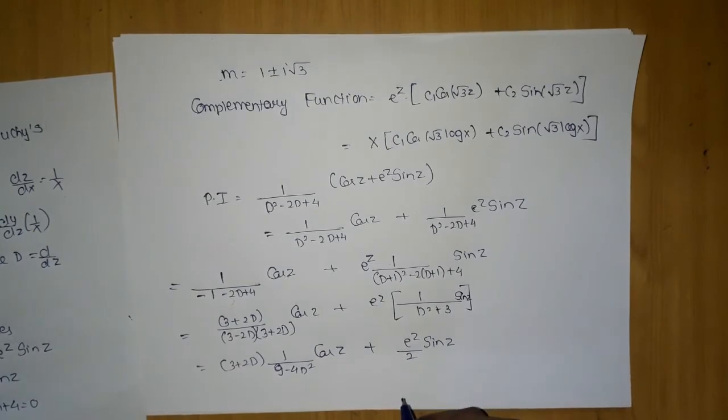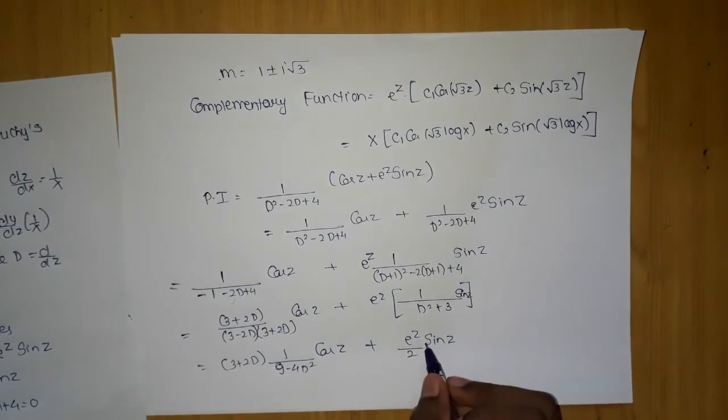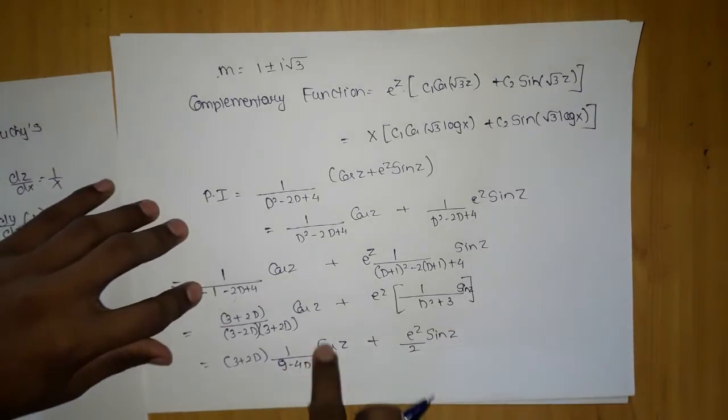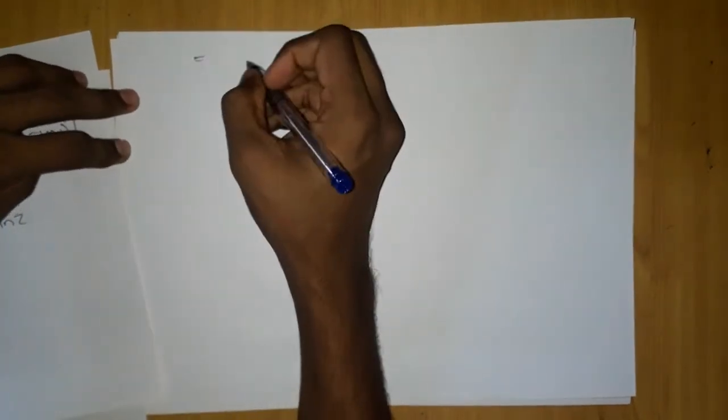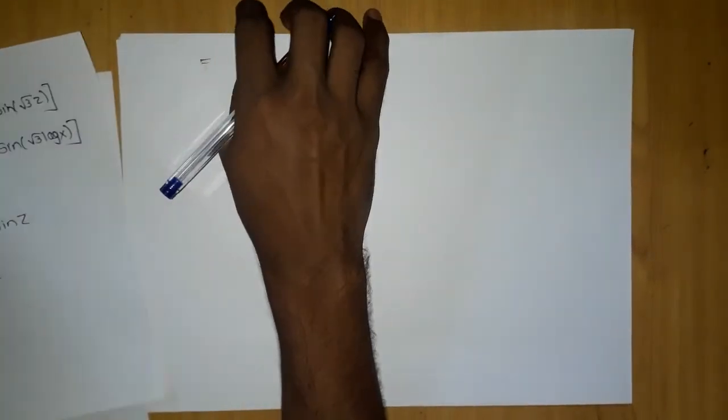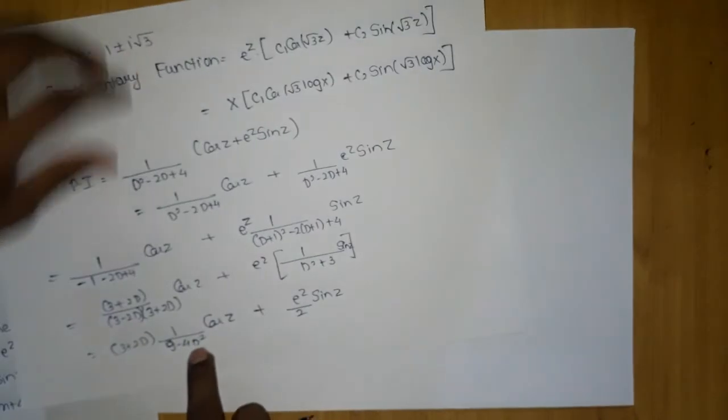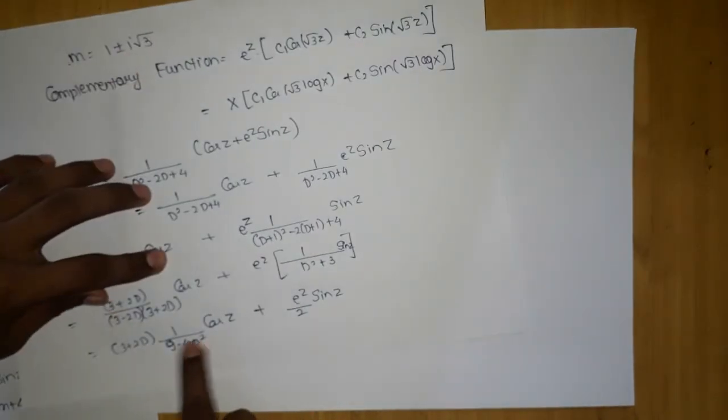Agree? So we are done with this part. We just need to replace z by x, but we have to solve this one. We know if we substitute here 1, it will become 5. If I substitute here 1, it will become minus 1, right? So it will become 4 plus 9 plus 4, which will become 13.